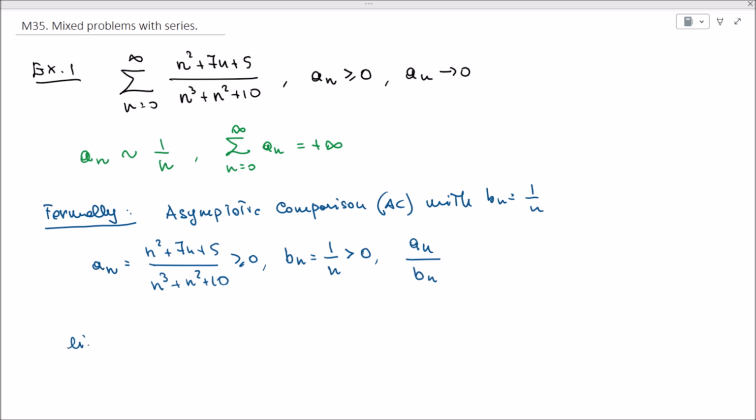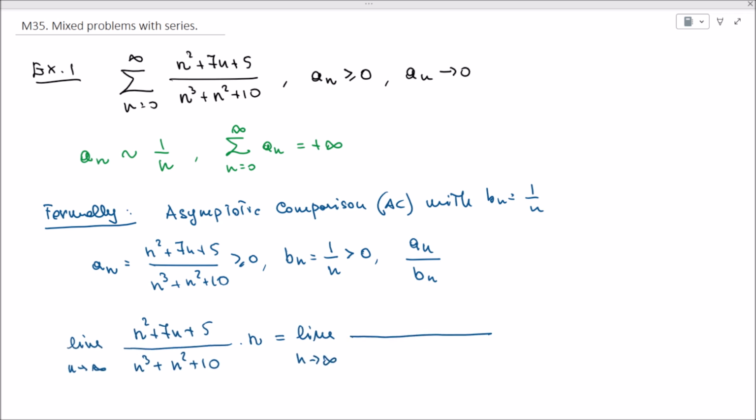So let's evaluate now the limit as n goes to infinity of a_n over b_n. This limit is n squared plus 7n plus 5 divided by n cubed plus n squared plus 10, and of course we need to multiply everything by n, right? We can factor n squared at the numerator, and we have 1 plus 7n over n squared plus 5 over n squared.